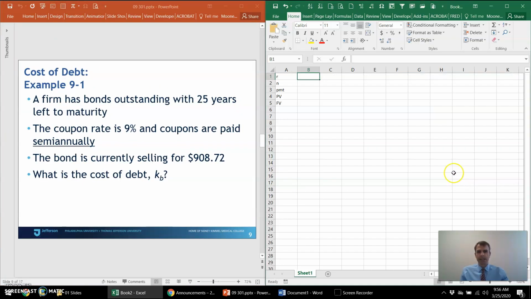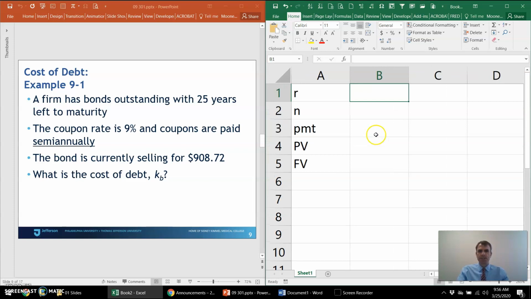Let's fire up Excel. I've got some of the familiar inputs into the time value of money Excel functions we use. So this firm has 25-year bonds. So N, when we put in, is going to be 25, and the bonds pay interest semi-annually, twice a year. So there'll be 50 semi-annual coupon payments.